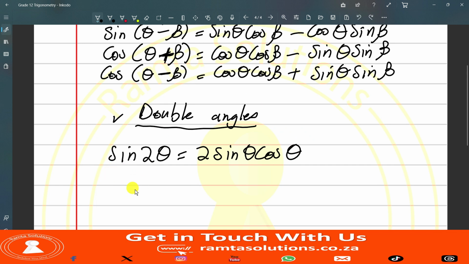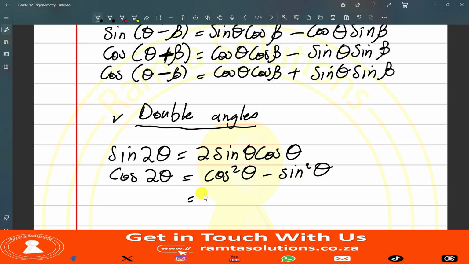Then let's look for the double angle of cosine. Cos 2 theta, we have 3. You can use cos square theta minus sine square theta. Then, using that identity of sine square theta plus cos square theta equals 1, you can manipulate it. In terms of cosine, you will get 2 cos square theta minus 1.